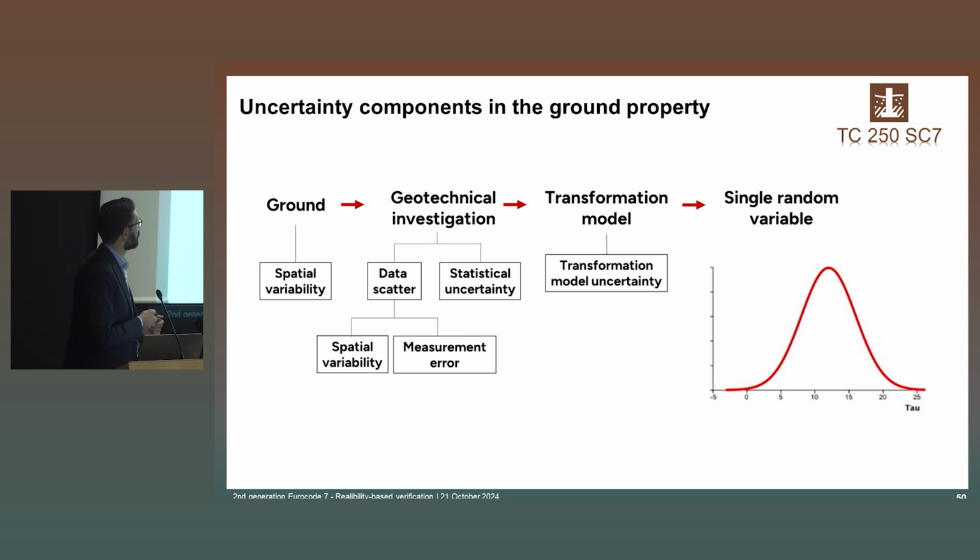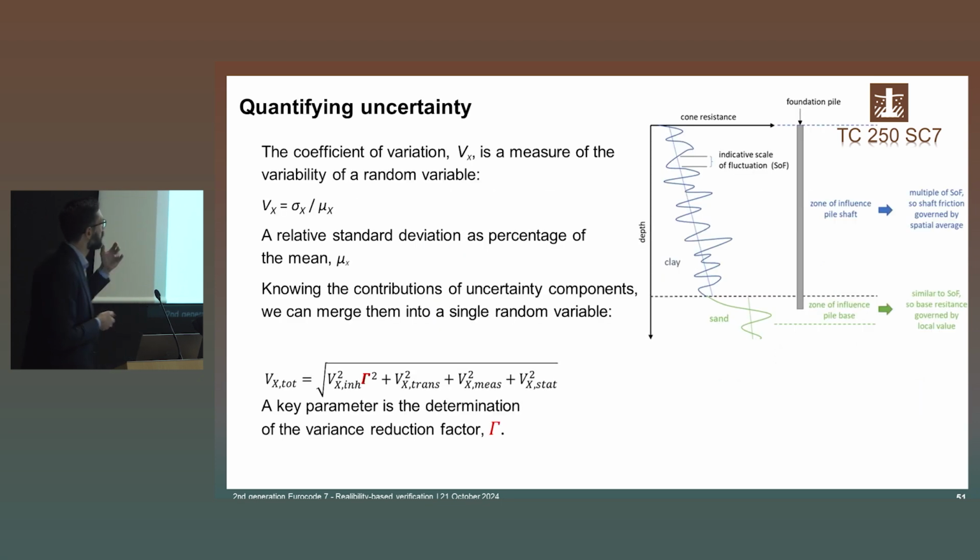But considering all of these, you end up with a single random variable. How do you do it? A quite straightforward way is to consider the coefficient of variation here. We saw it also this morning. To do it formally, statistically, and this is also actually an equation from Appendix A, is to sum up the squared coefficients of variation from the different parts.